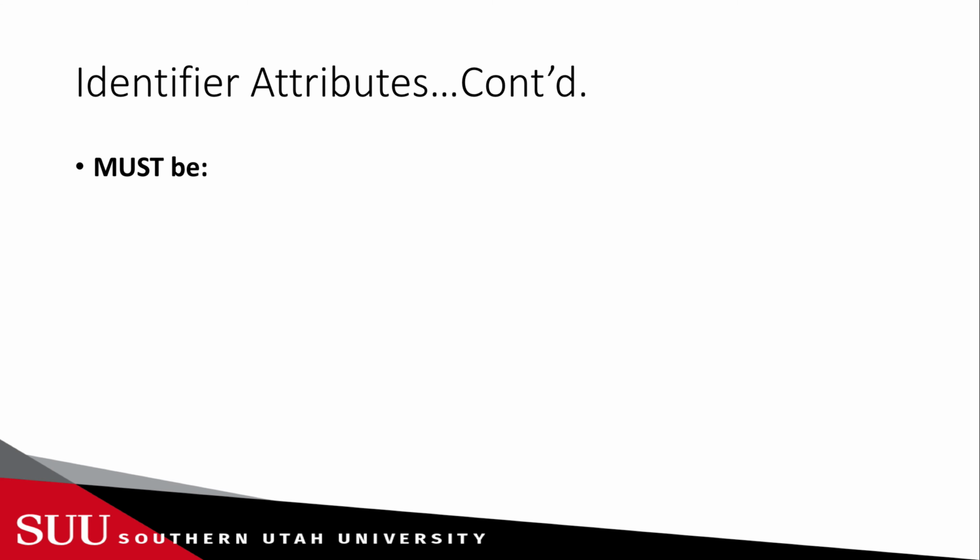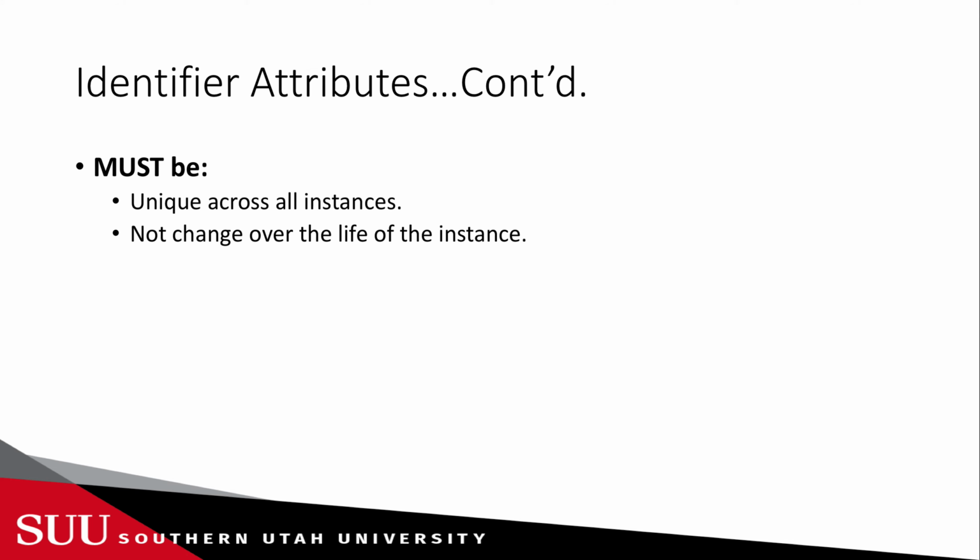Now, there are some rules for the identifier. It must be unique across all instances, so I cannot have the same identifier for two instances. When you try to choose your identifier, look for something that will not be repeated over instances. So each instance will have its own unique identifier, like student IDs, social security numbers, and so on.